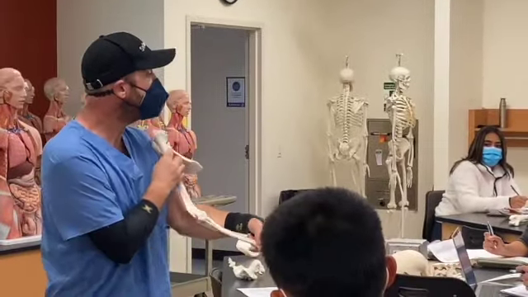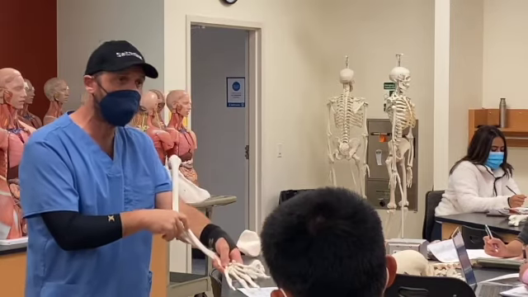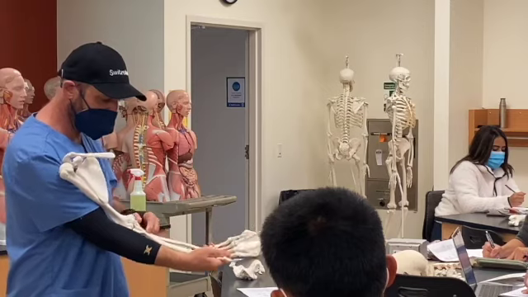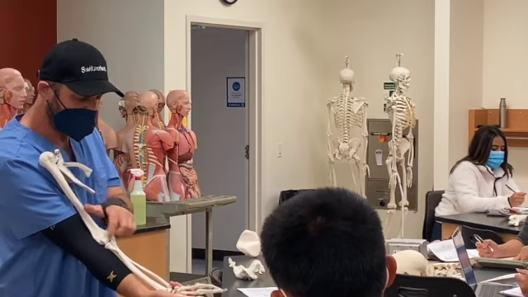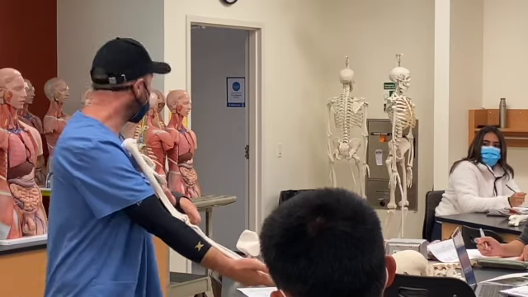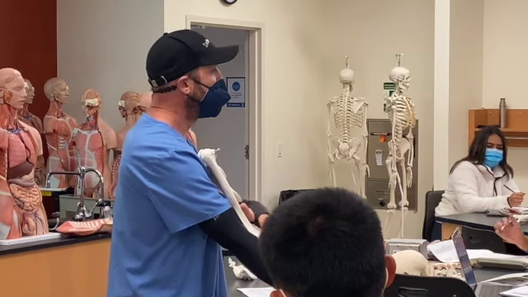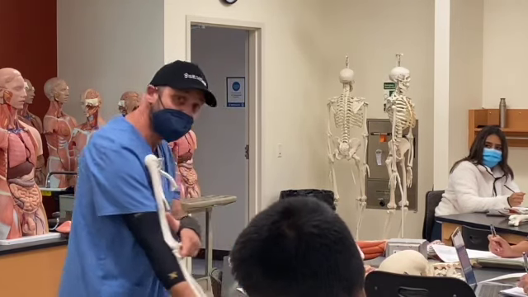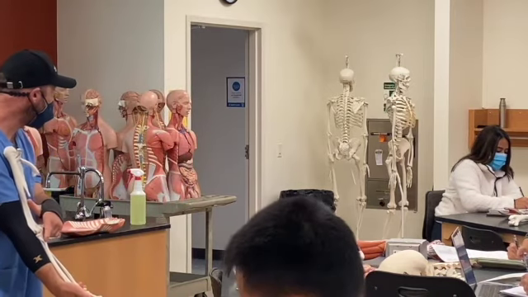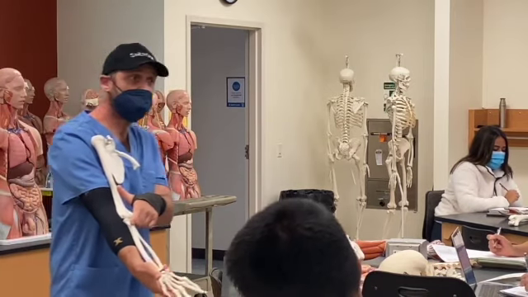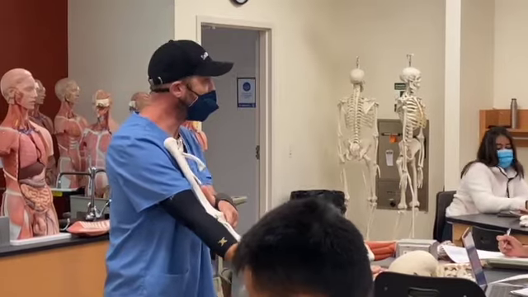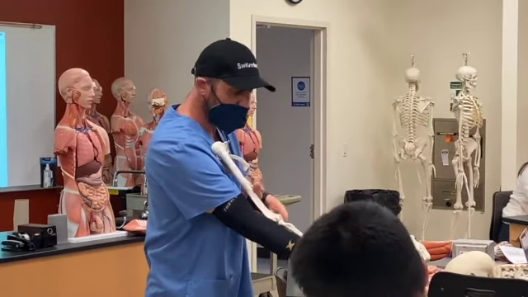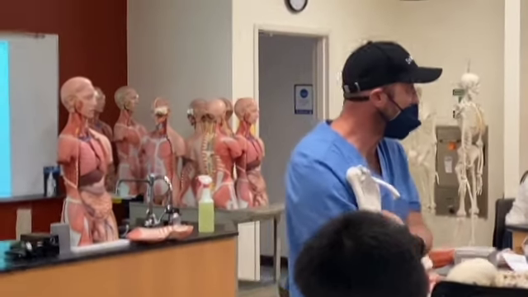The radius is the bone that goes into the thumb side. What was that bump you called? The bump on the forearm bone that goes to the thumb. Radial what? Yes, radial tuberosity. Very, very good. Again, that's actually a muscle attachment for a muscle that brings the palm up, which is going to be your biceps brachii.